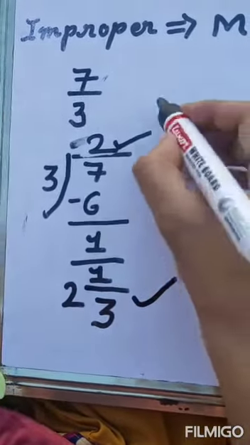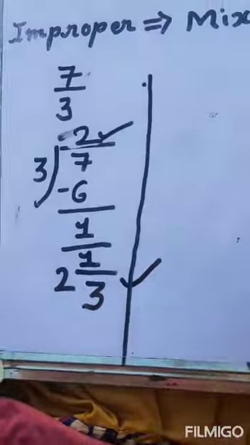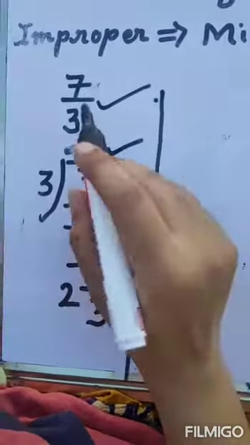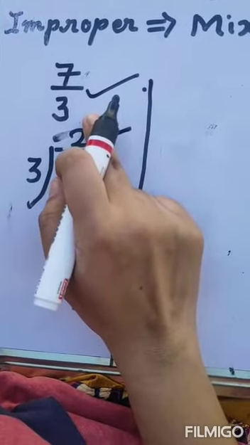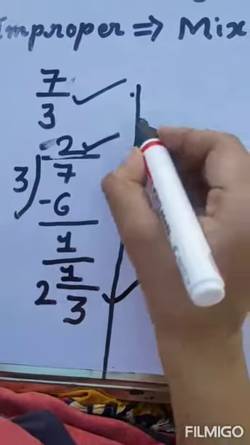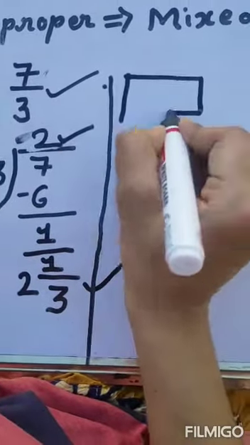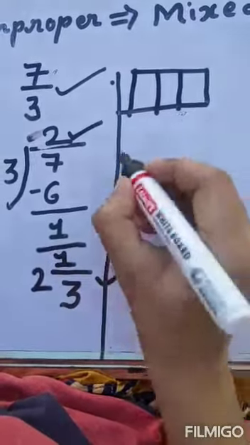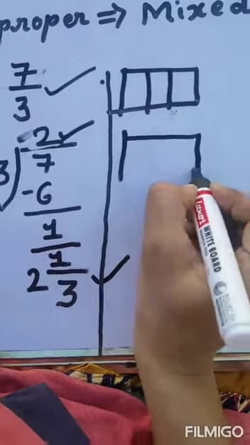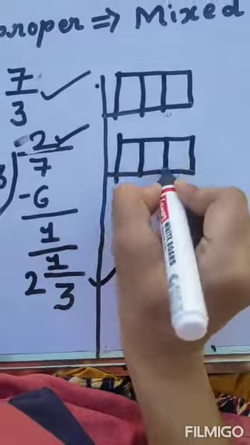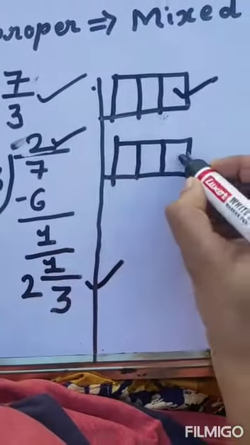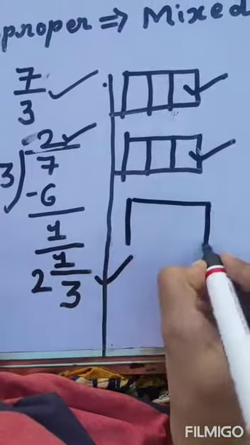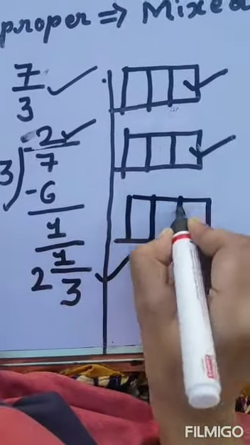Now if I have to solve this question in another way, how many parts do I have to take? 7 parts. And how many equal parts are there in one piece? There are 3 parts in one piece and I have to take 7. I will take 2 full pieces, yes? If I take 2 full pieces, I will be having 6 parts, and I want 1 more part out of 3 parts.